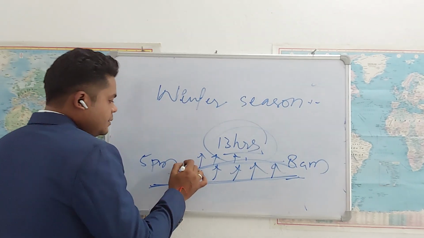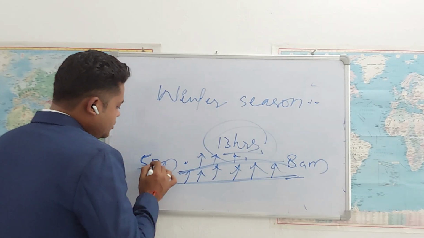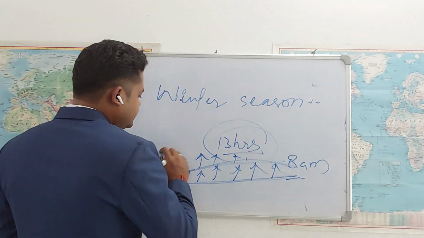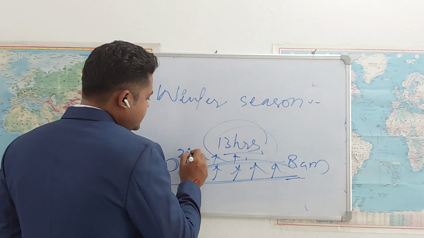So suppose at 5 p.m. this temperature was 20 degrees Celsius.